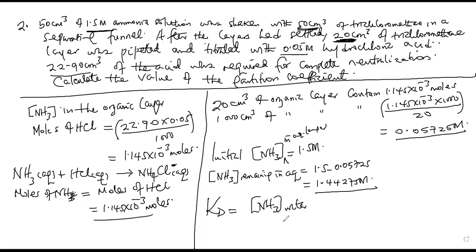So we begin with water over trichloromethane, which is CHCl3. So it is going to be ammonia in water, that is 1.44275, divided by the one in organic, which is 0.05725. And thus the Kd will be 25.2.